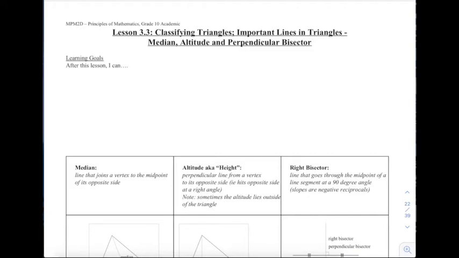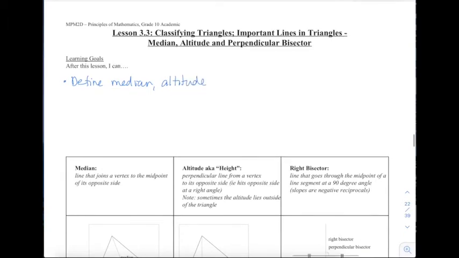So after this lesson, you need to be able to do 2 things. You need to be able to define a median, altitude, and I think in your title it says mean. I'm sorry, I kept writing mean instead of median. And guess what? We've already done perpendicular bisectors, so that's good.